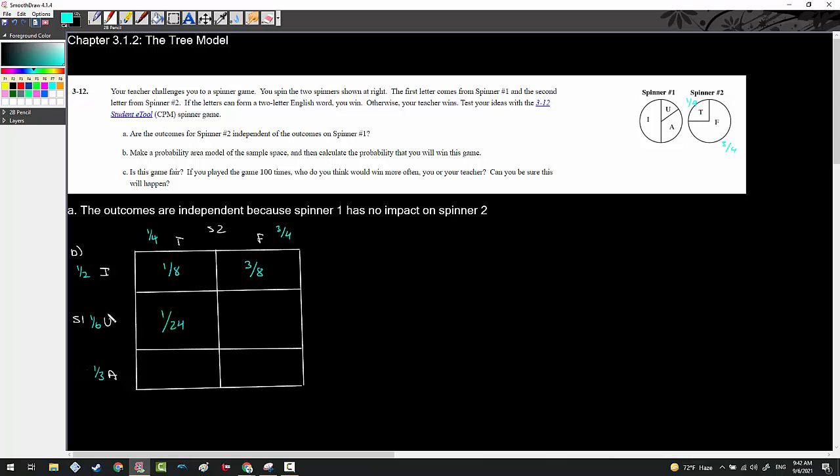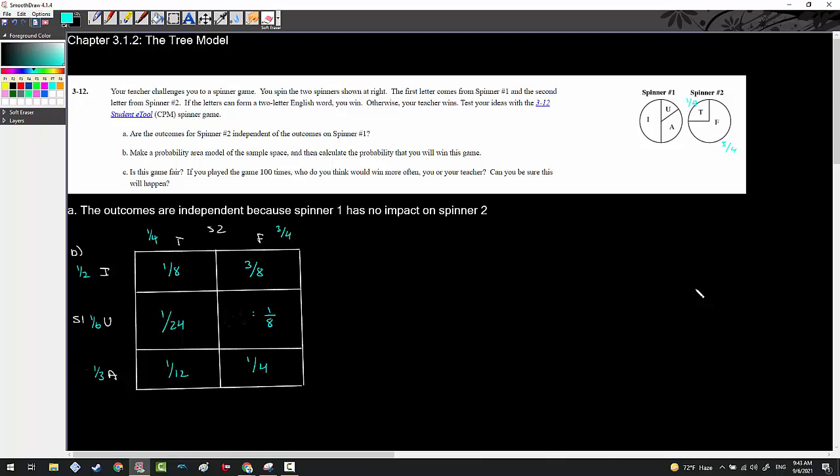And then 3/4 times 1/6, so let's see, that's going to be 3/24 or 1/8. And then 1/4 times 1/3 is 1/12, and then this one will be 3/12, or 1/4 here. I'll go and erase that because I don't need it anymore.